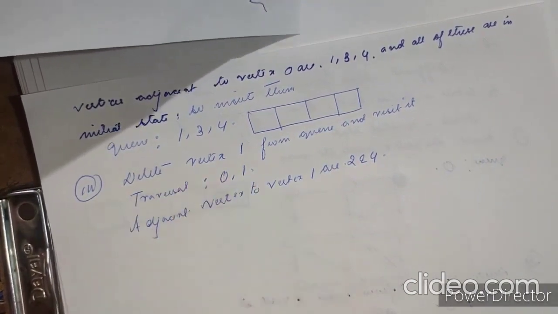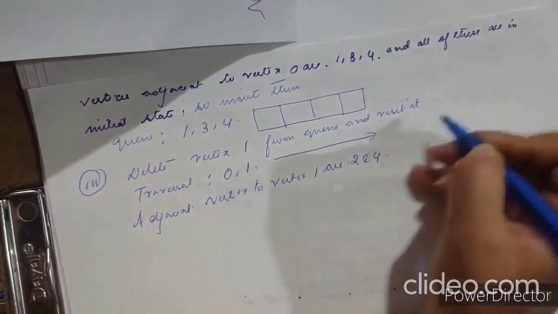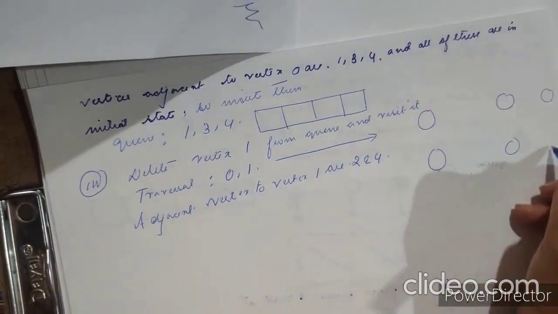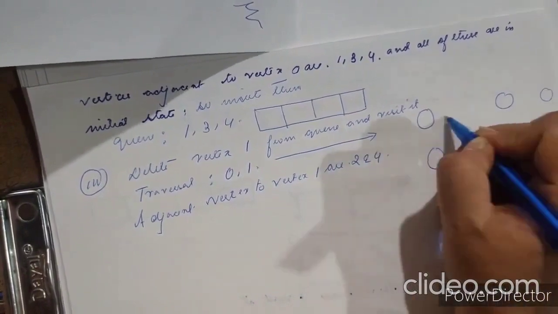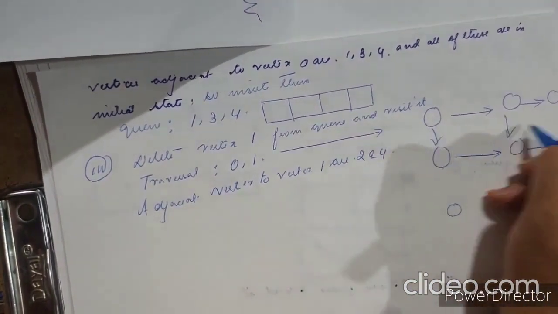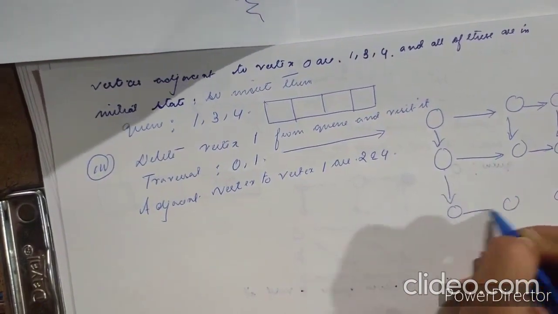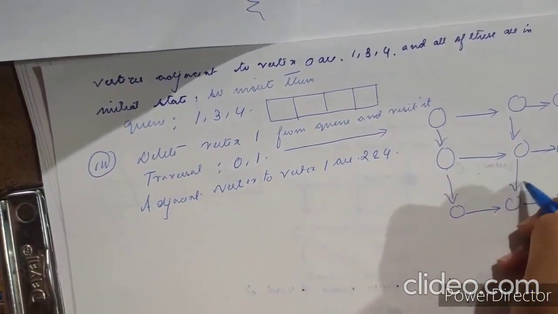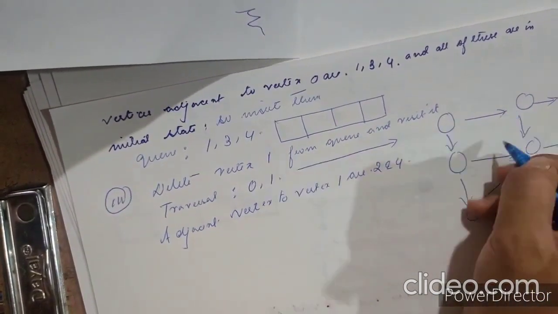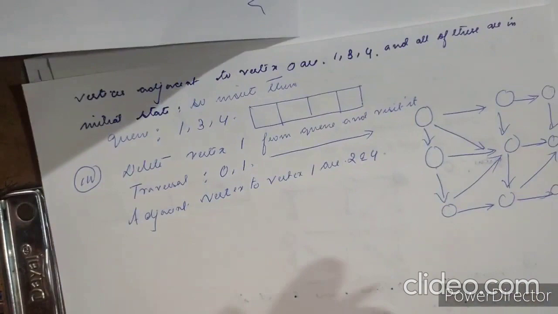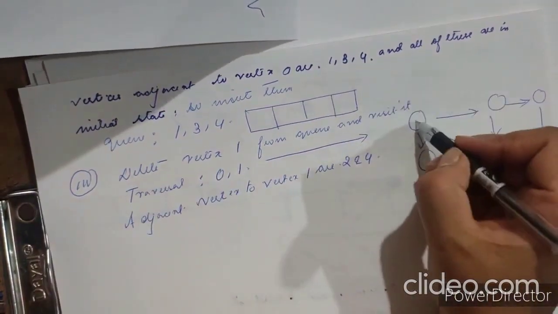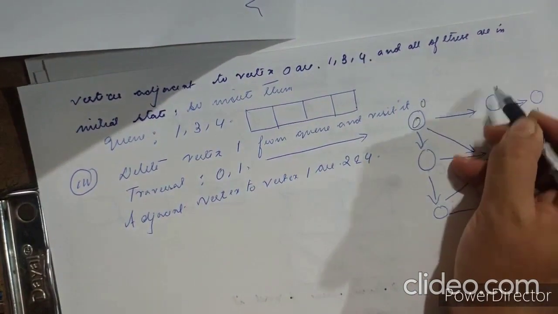For this traversal, I'm going to draw the graph here. The graph will be like this. Traversal means black, so 0 is already visited, and 1 is already visited.